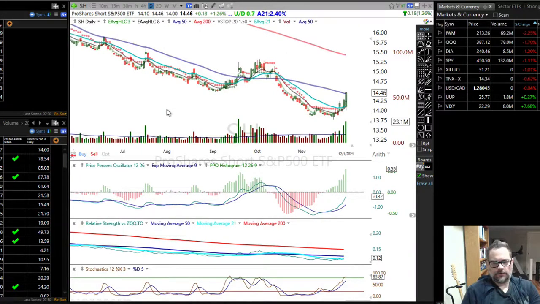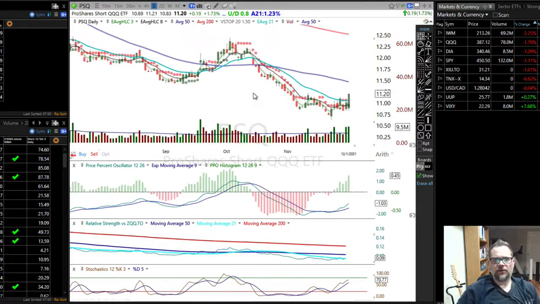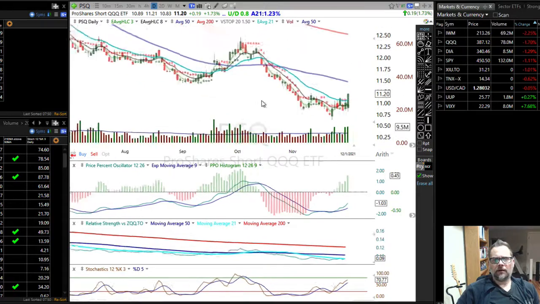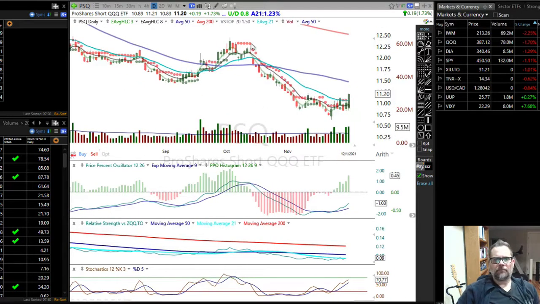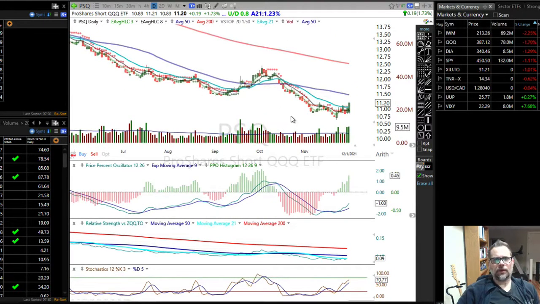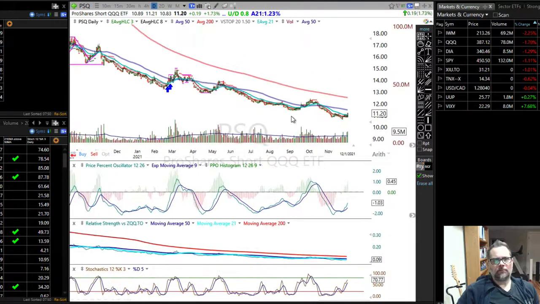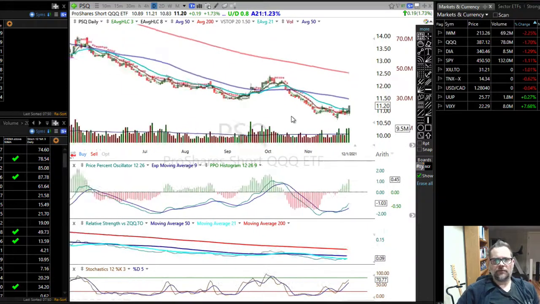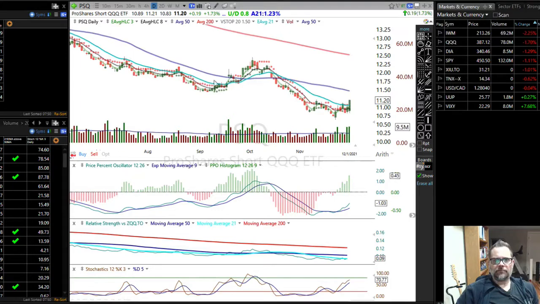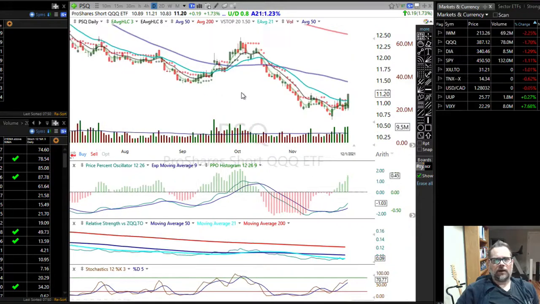But there's NASDAQ ones, PSQ, things like that. So you have to look at these charts similar to the way you look at any chart. But these ones are a little tricky. You got downward trends in the 50 and the 200. You got to break through there.